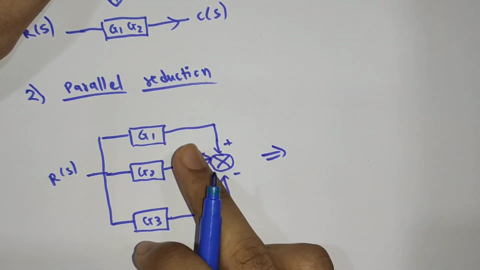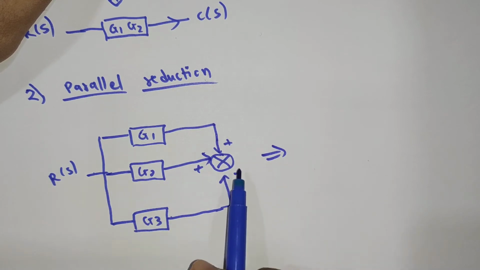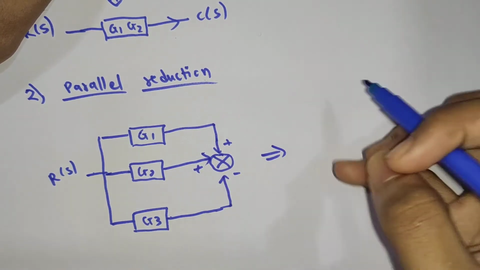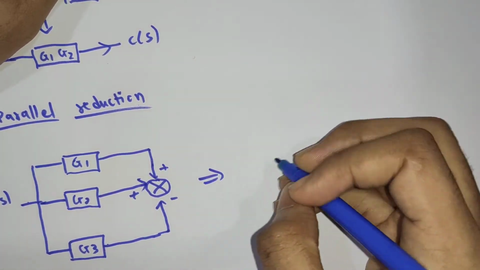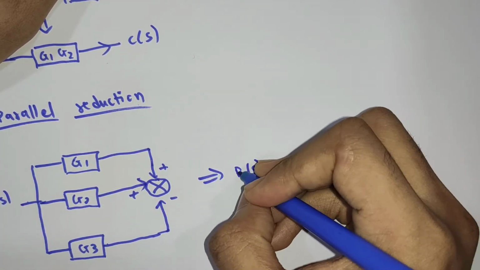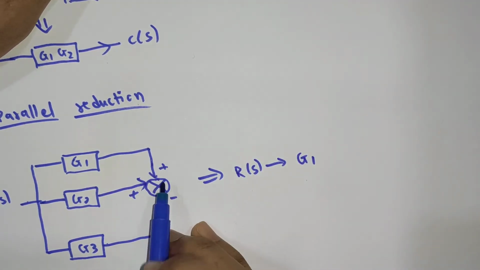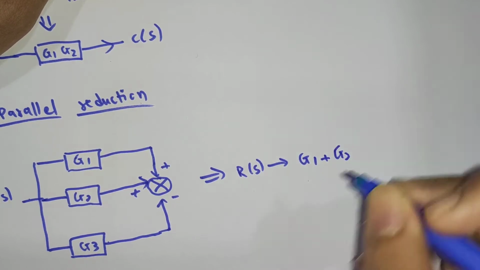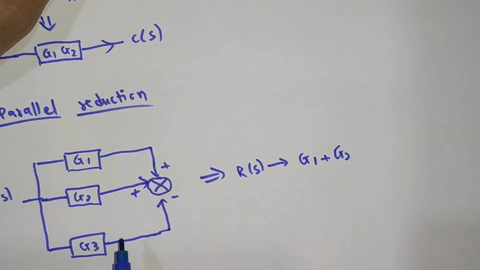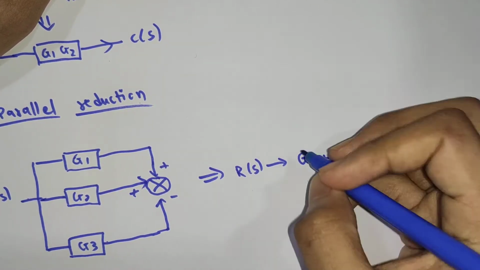We can reduce these blocks connected in parallel, moving in the same path and meeting at a summing point, to a single block. G1 positive, G2 positive, you can add them if they are connected in parallel, and the negative sign gives minus G3.